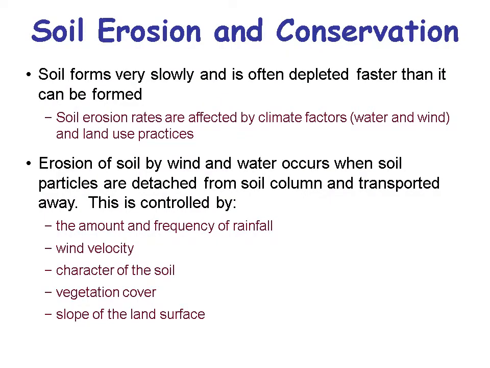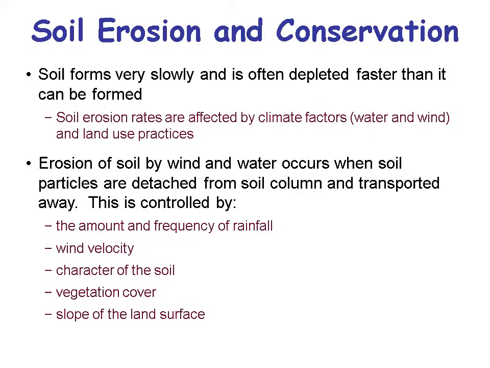A little bit about soil erosion and conservation. I talked about conservation early in the soils discussion a few slides back. Well, soil can be depleted a lot faster than it can be formed. Soil erosion rates are affected by climate factors and land use practices.